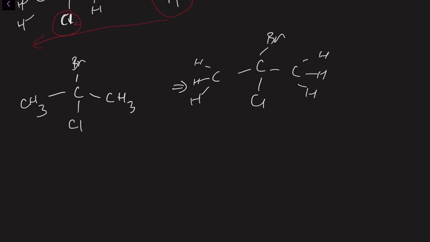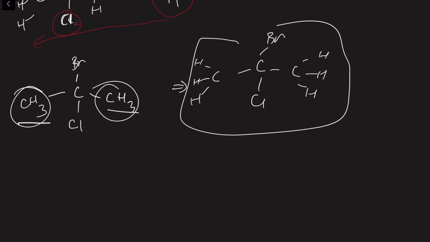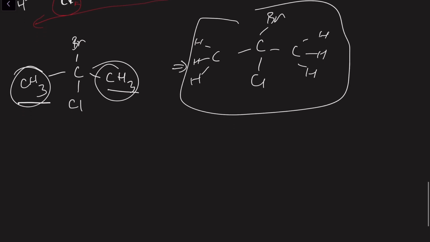Because whenever you see this, for me personally, it's very easy to misinterpret these two as the alkyl group. But if you draw this out in full, you can see it is actually the main carbon chain. So we have 3 carbons in the carbon chain, and we have both bromine and chlorine atoms present.